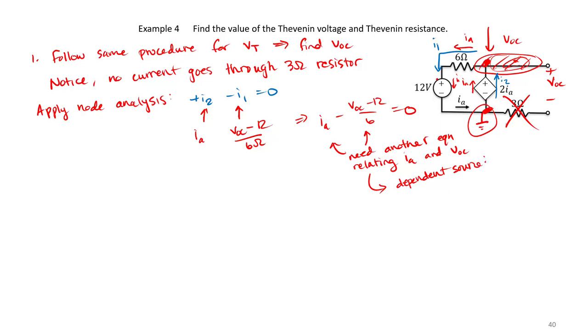Notice that my VOC is actually equal to 2IA because the voltage difference between my ground and point VOC is given by that dependent source. So this is the second equation that I need. I can take this equation and substitute it back in.